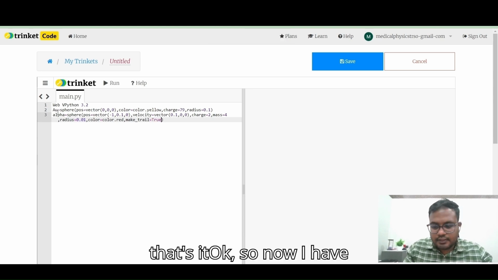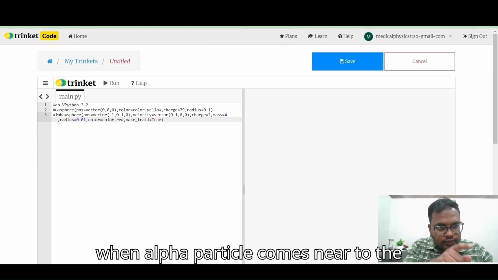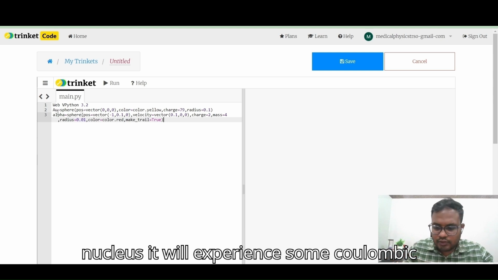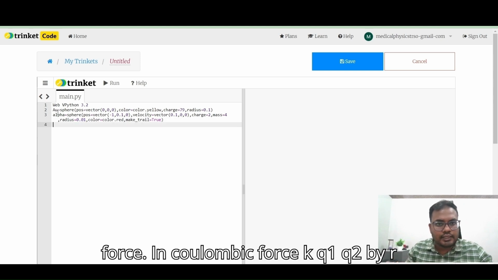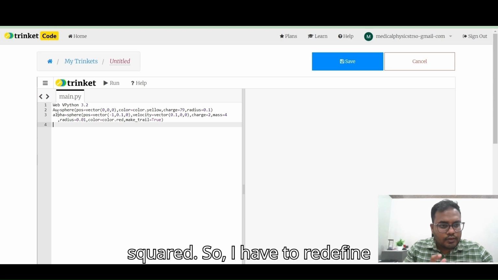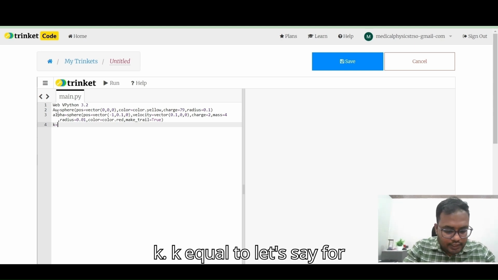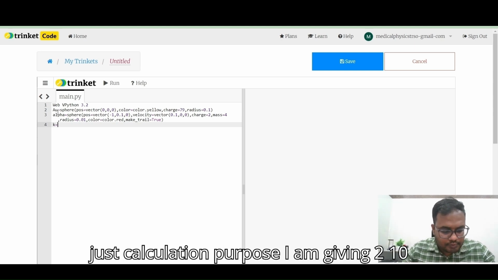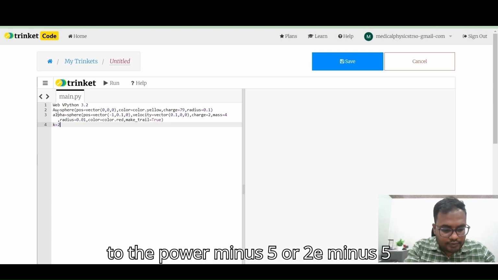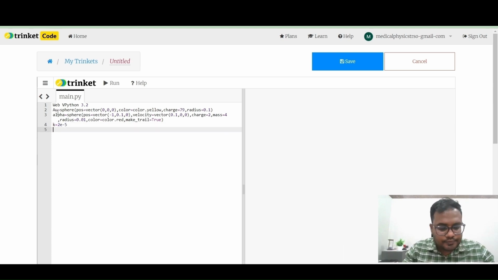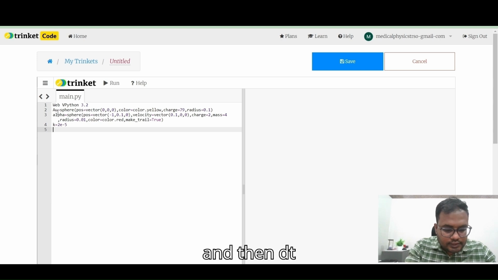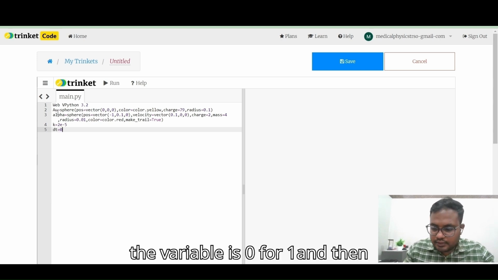That's it. Now when the alpha particle comes near the nucleus, it will experience some Coulombic force. In Coulomb's force, k q1 q2 by r square. So I have to define k equal to, let's say, just for calculation purposes, 2e-5, and then dt, the variable, is 0.1.